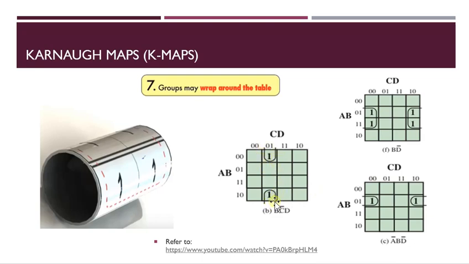So this can group with this one after it is wrapped together, and this value in the cell can be grouped together with this group of cells when it's wrapped together, and also this one when the vertical end is wrapped together with this vertical end. So this is the last rule for the K-map grouping.